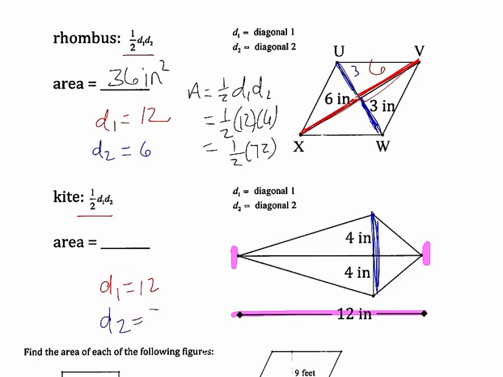So we use the same formula and we say that the area is equal to 1/2 of those two diagonals multiplied together. So again, in this case, 1/2 of 12 would be 6, multiplied by the 8 would be 48 inches squared. Those are the basic formulas that you need to know to answer the questions.